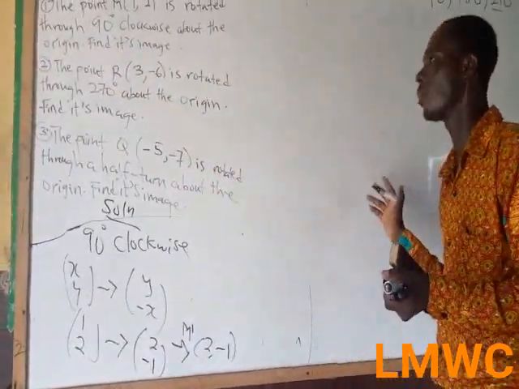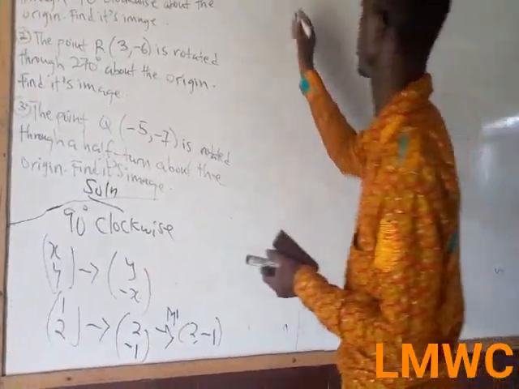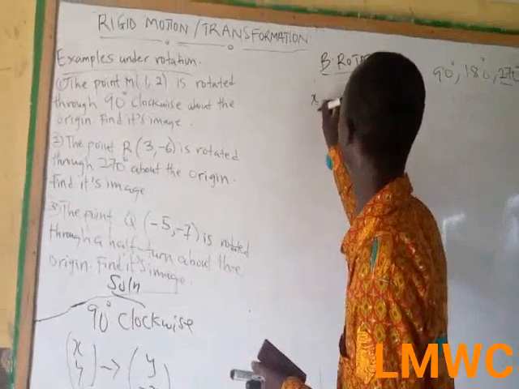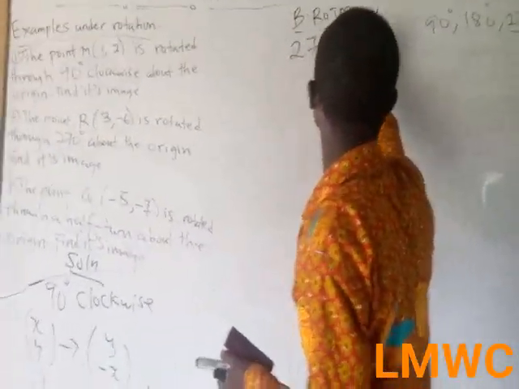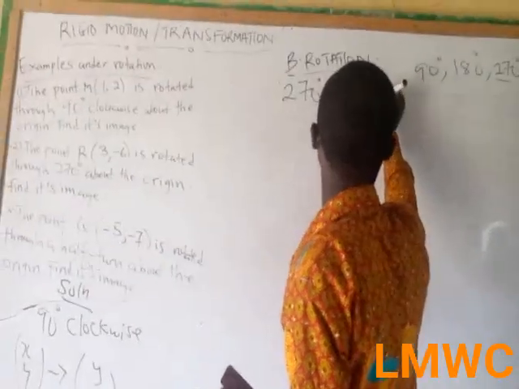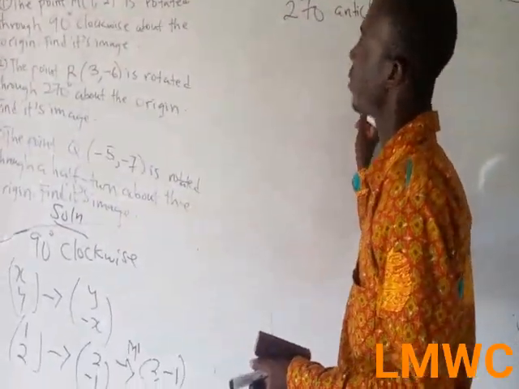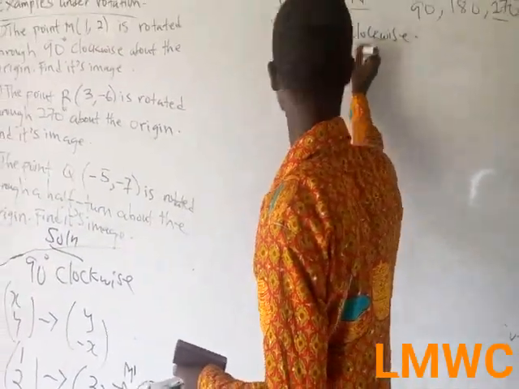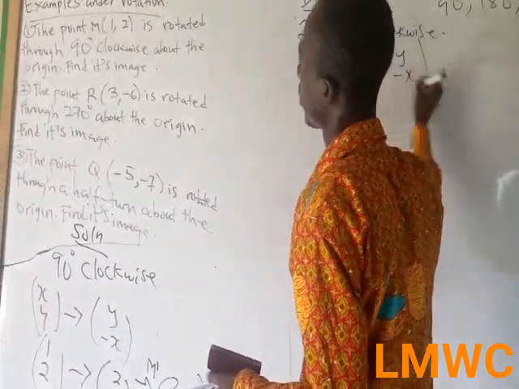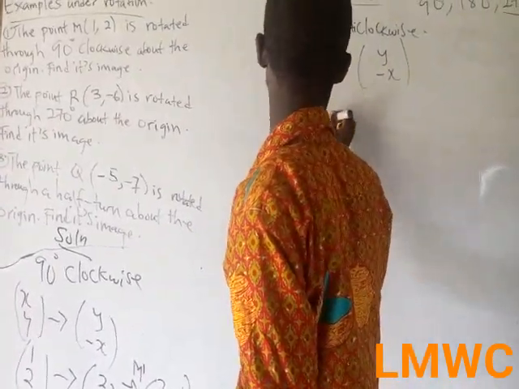But I said, always, if the direction is not given, it's anti-clockwise. So this means it's 270 anti-clockwise, and we know 270 anti-clockwise is the same as 90 degrees clockwise. So the formula becomes (y, negative x).